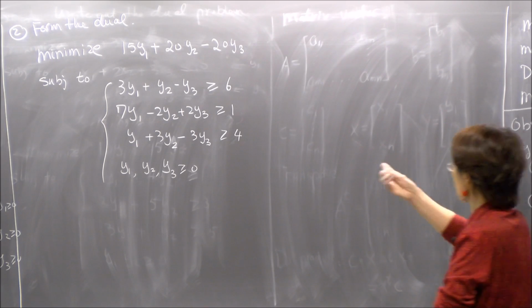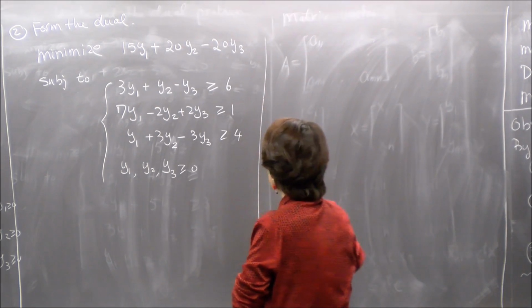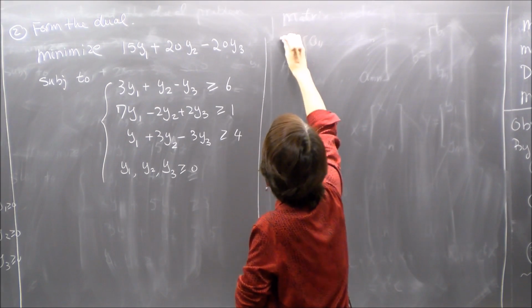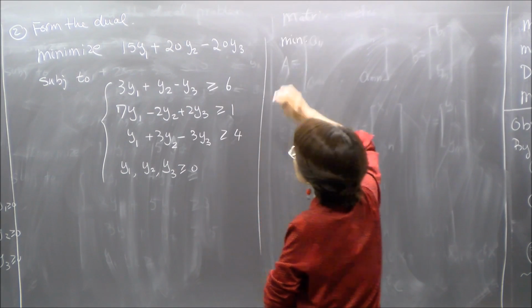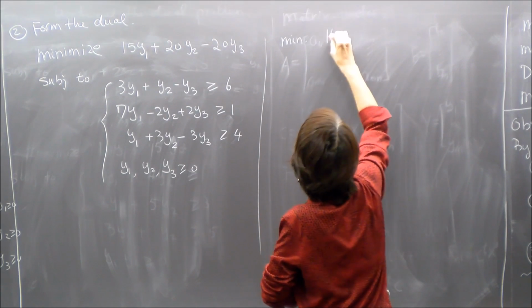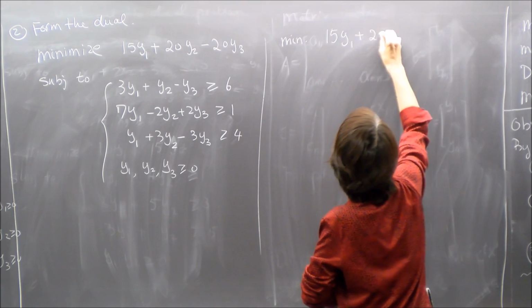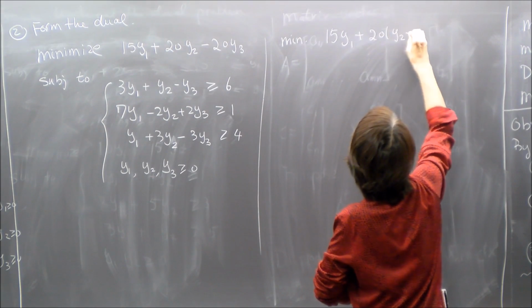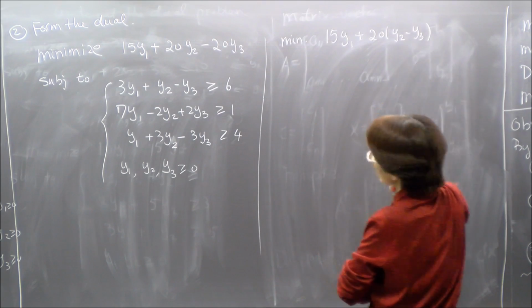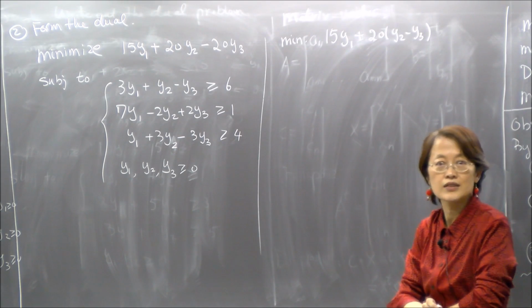Do we see that? So let's see. If I jump on that observation and rewrite it, with some simple manipulation, I take out 20, then I have y2 minus y3. Can I do that?